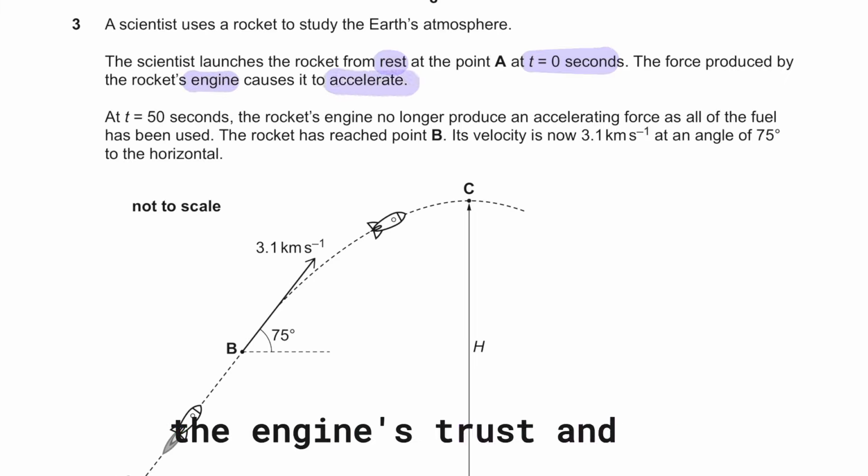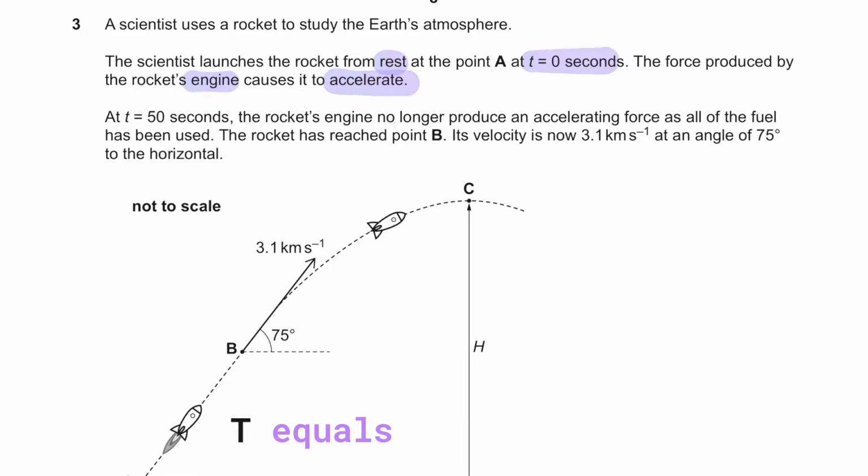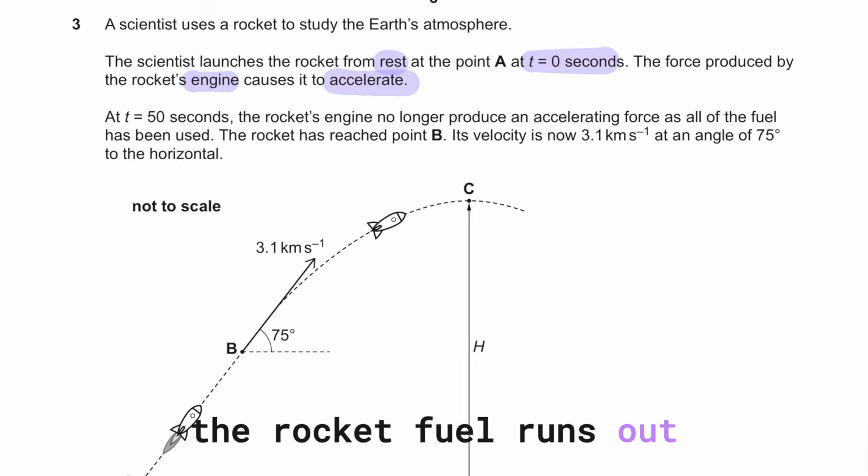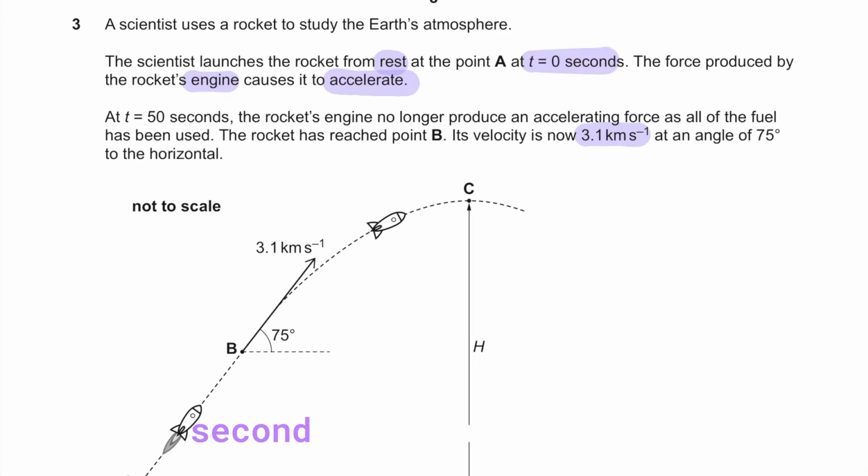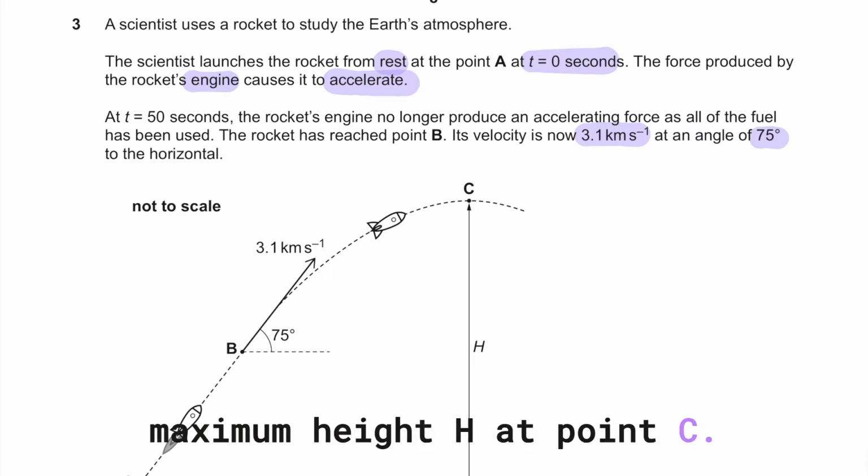And at t equals 50 seconds, the rocket fuel runs out and the engine stops. At point B, its velocity is 3.1 kilometers per second at an angle of 75 degrees to the horizontal. The rocket continues on a curved path to reach a maximum height, h, at point C.